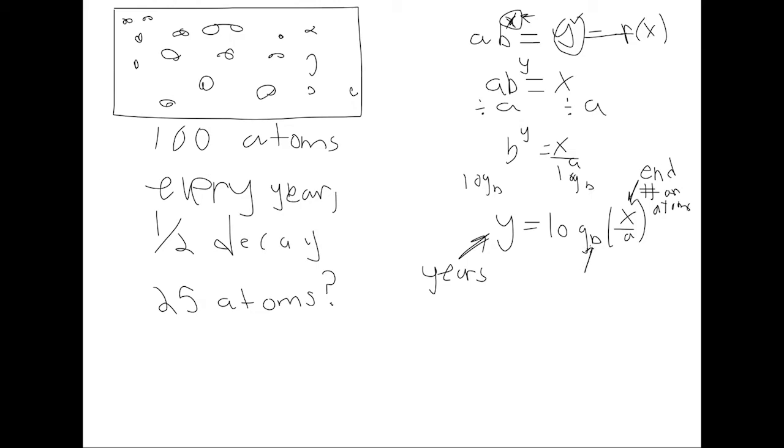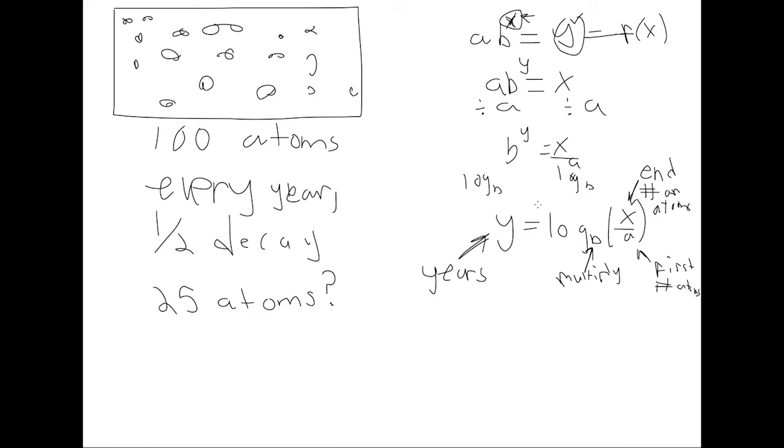And what is b? Well, that's what we were multiplying by. And what is a? It's going to be our first number of atoms.